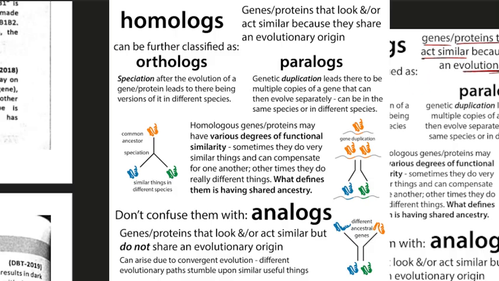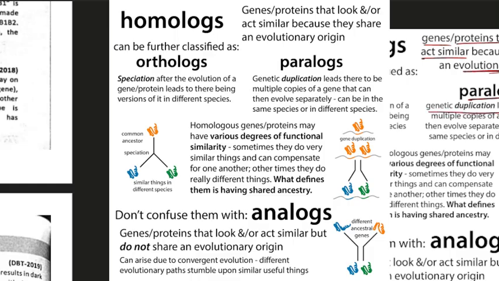Now, what are orthologs? Orthologs arise by speciation after evolution. So there is a common ancestor, and from this, two genes are speciated. What is a paralog?